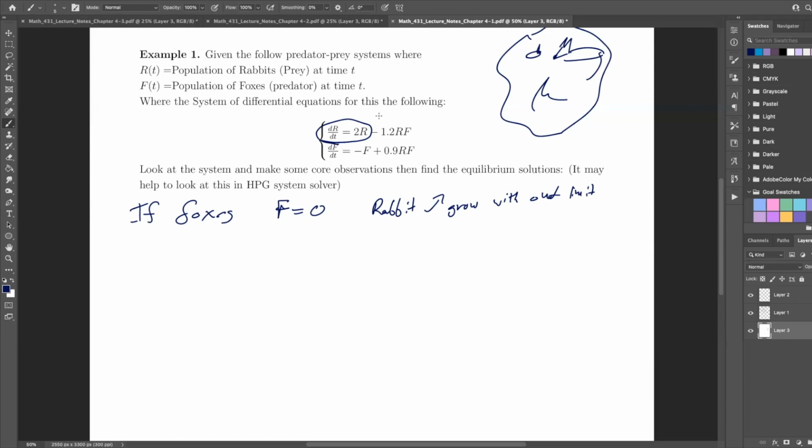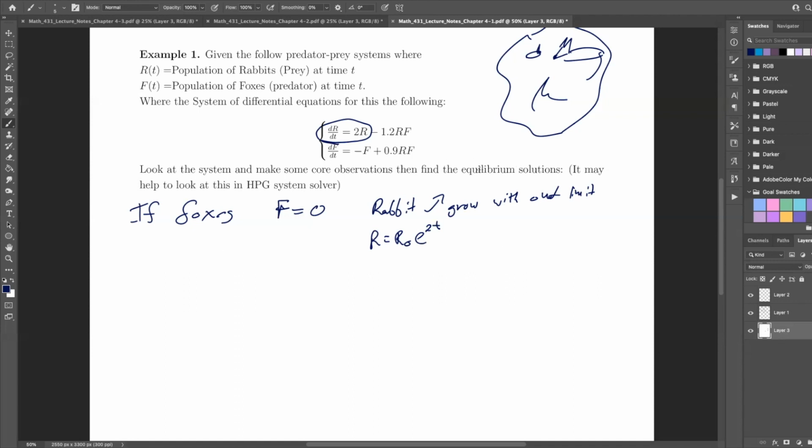In fact, we could figure out what the answer is here. Rabbits equal whatever my initial rabbit population was, e to the 2t. That's the solution here. So I get infinite rabbits. Rabbits will do what rabbits do.